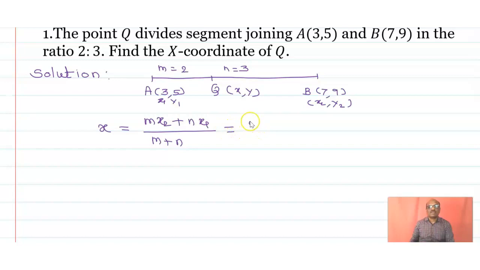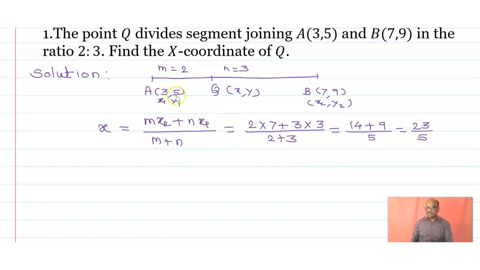Therefore here you will get 2 into x2, which is 7, n is 3 and x1 is 3, upon 2 plus 3. Okay, this is 14 plus 9 upon 5. And here you will get 23 upon 5.